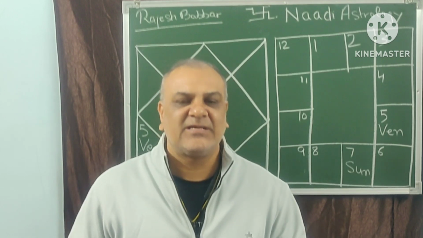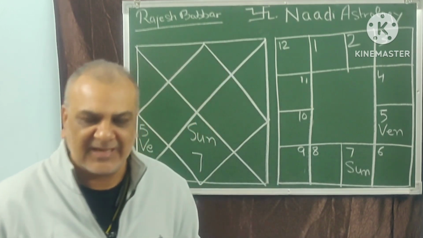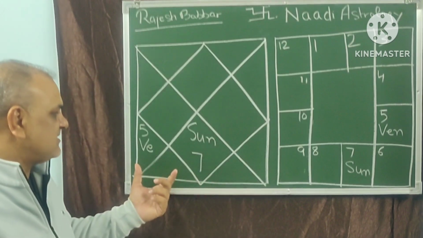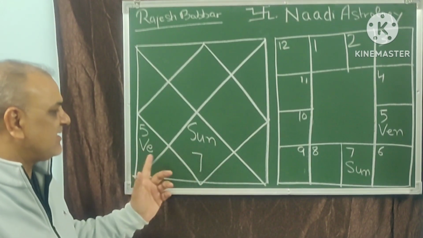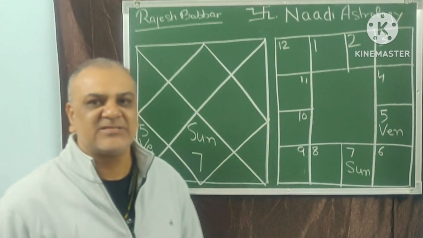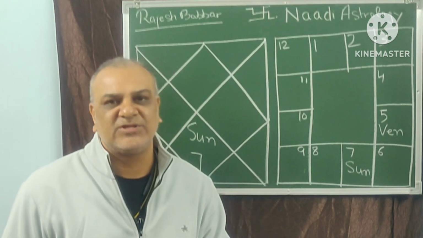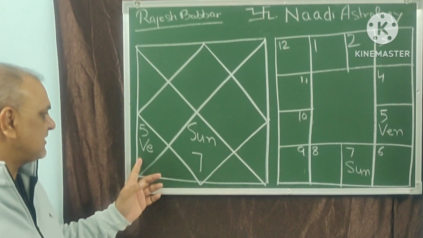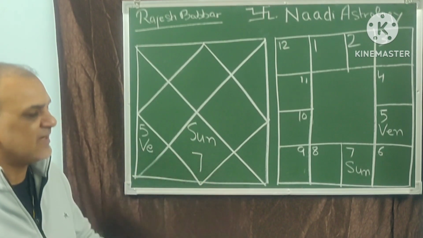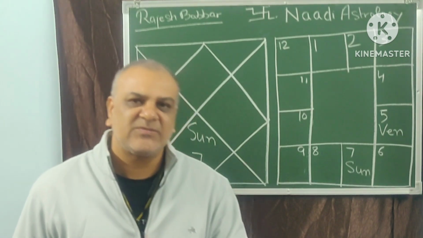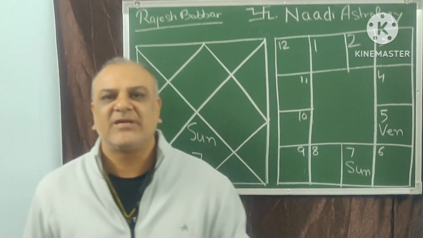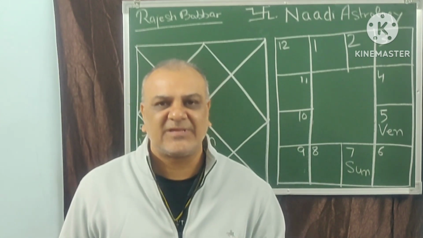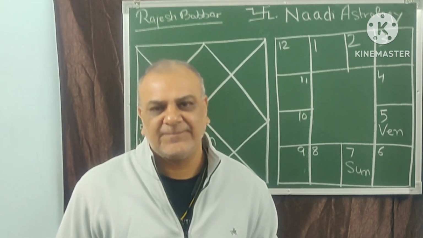They treat it as a Raj Yoga, but in Nadi we study it like this: after 30 years these planets will come to their original position, meaning the Sun will come in Leo and Venus will come in Libra. This is the first basic rule you need to understand about Rashi Parivartana in Nadi astrology.